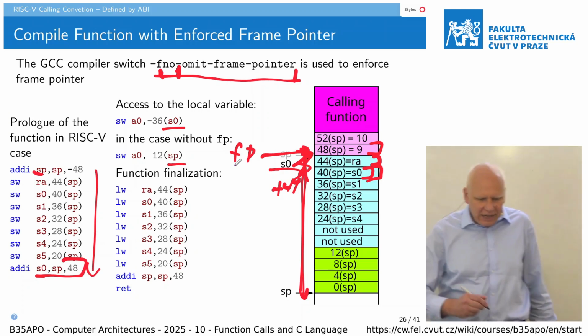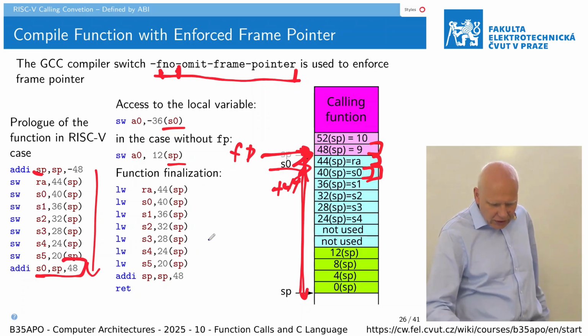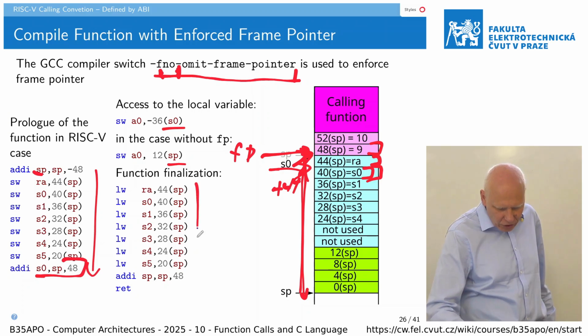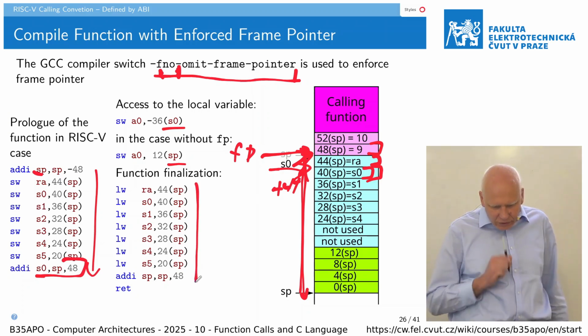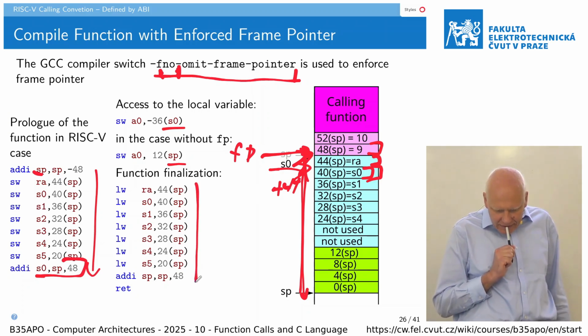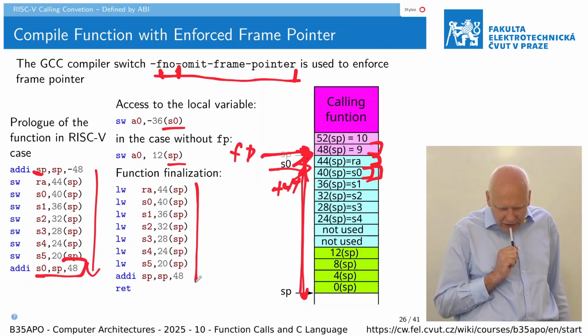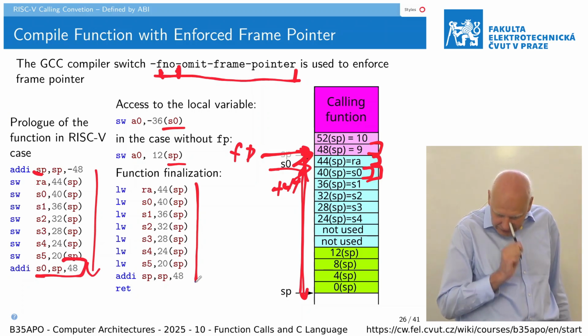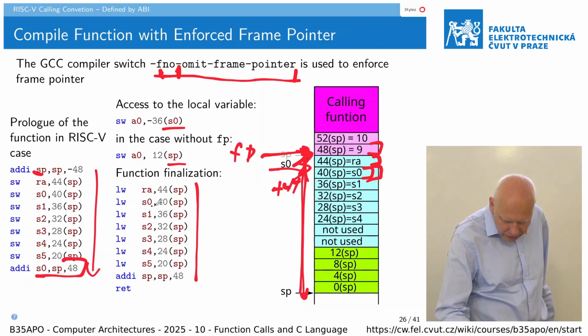And at the end of the function, we can restore the state, and usually we start with the load word against S0. We should use this against S0.